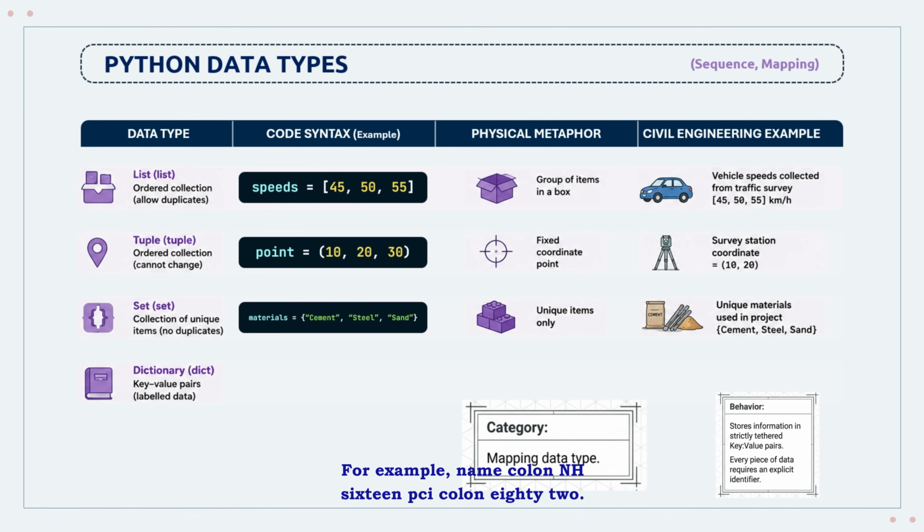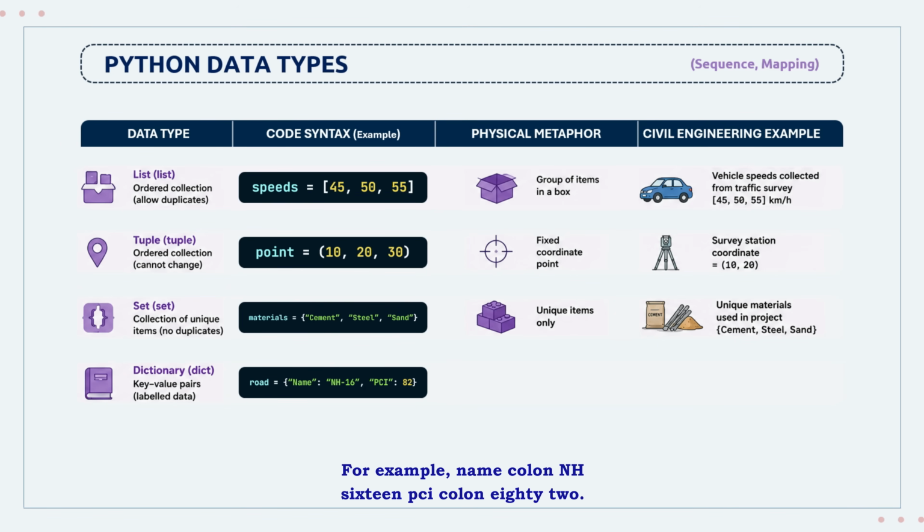For example, name colon NH16, PCI colon 82. Here, name and PCI are the keys, NH16 and 82 are the values. Dictionary is extremely useful for labeled engineering data.